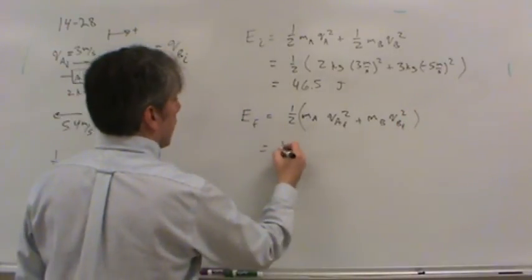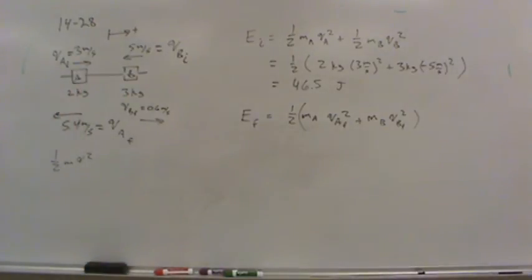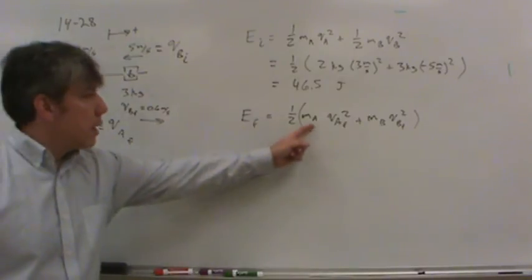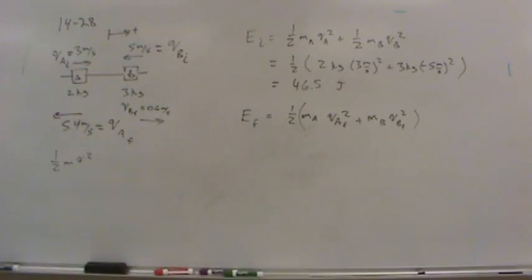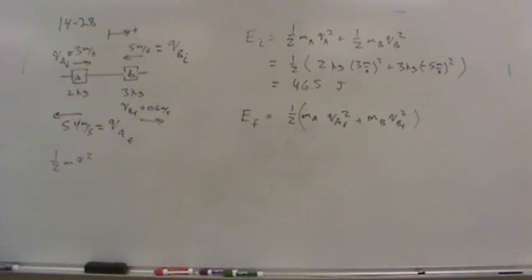Okay, so 1/2, rather than me plugging it all in, you plug it all in. Let's see if you can get the right answer. So you're going to plug in the final velocity of A is 5.4 meters per second, final velocity of B, 0.6 meters per second. See what you get.